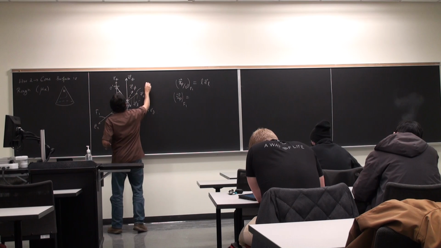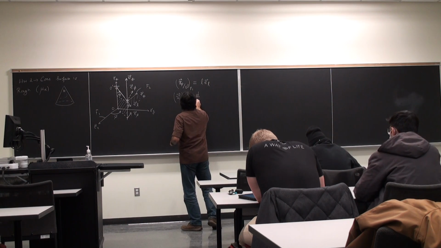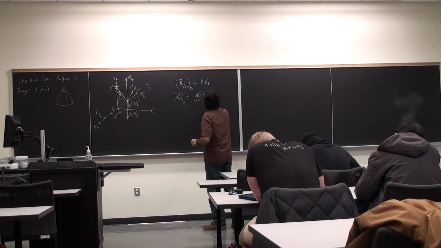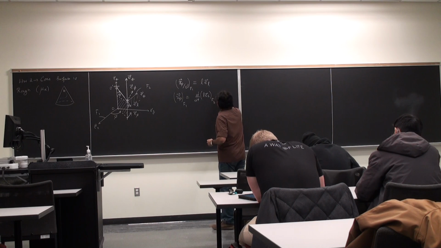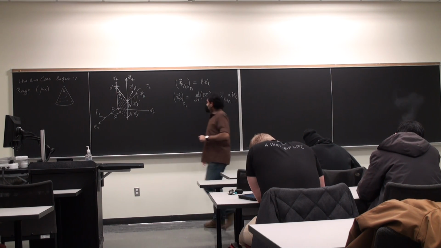This is frame F2. This is d by dt with respect to the frame F2 plus that's going to be there. Omega of the frame F2 with respect to F1.